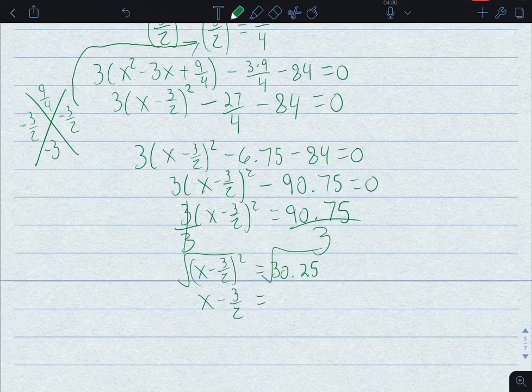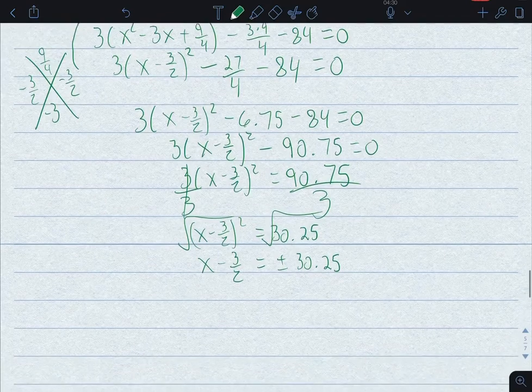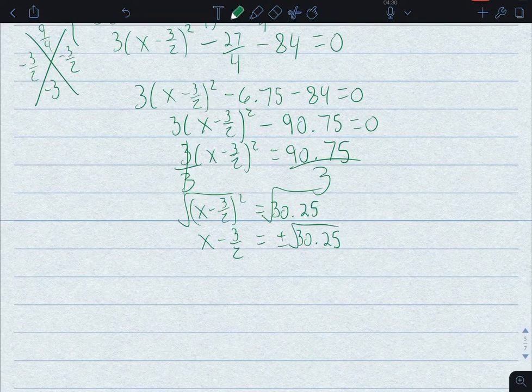x minus 3 over 2 equals plus or minus the square root of 30.25. You could use the calculator to approximate what this number is going to be, but I think it's just fine to write square root 30.25 without rounding anything. And then we have two answers, one the positive version, one the negative version.